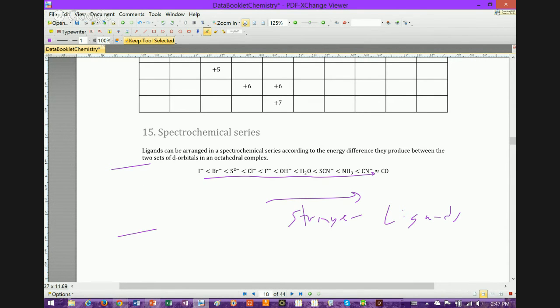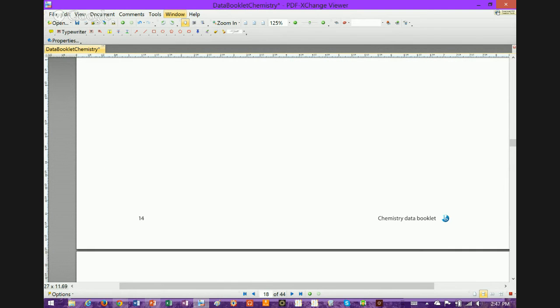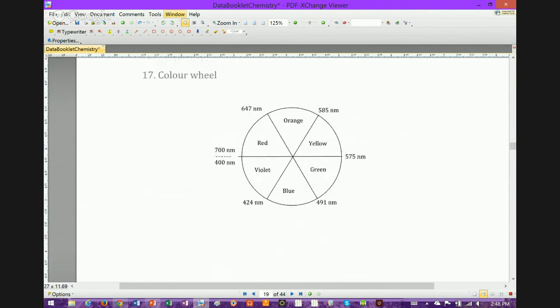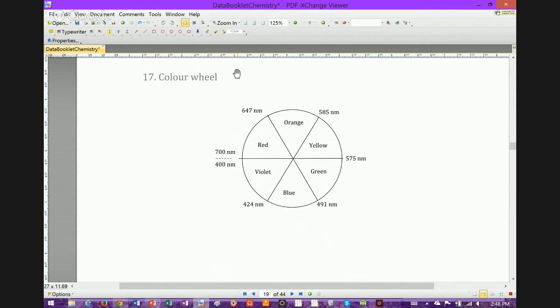Okay, so now I want to go to this page where I have the color wheel. So if violet light between 400, let me find a better, there we go. Violet light, if the light is absorbed, is somewhere between 400 and 425 or so, it'll absorb violet light, and it will appear yellow.